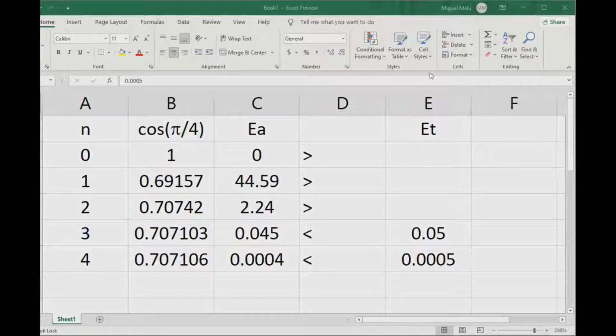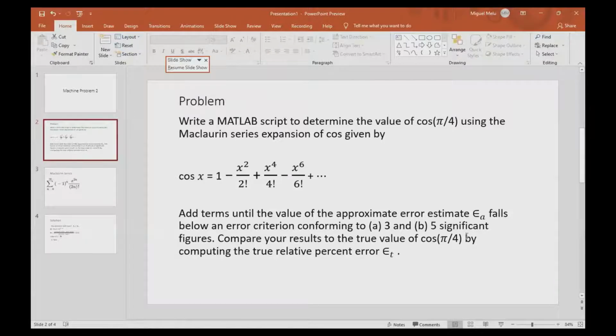As you can see in the first problem, it falls below an error criterion conforming to 3 and 5 significant figures. So at first we must input 3, since it needs 3 significant figures.